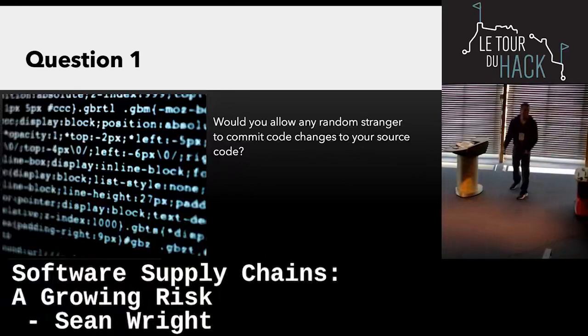Would you? Yes or no? No. So why are we then just putting stuff from a repository where we don't even know the person, we've never seen them? There's no difference, right? We are literally just putting code from the internet in without any validation.